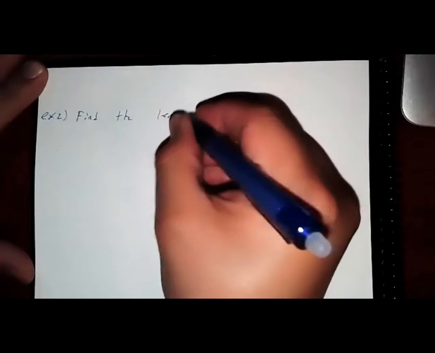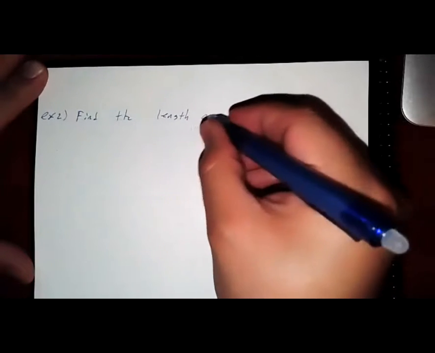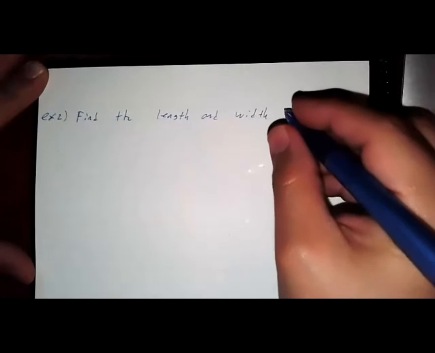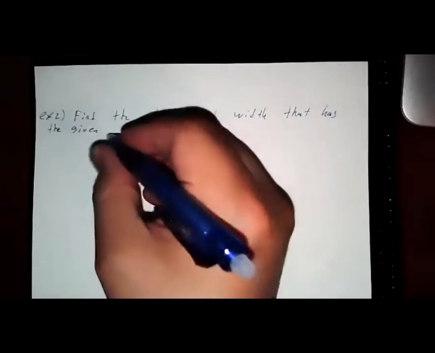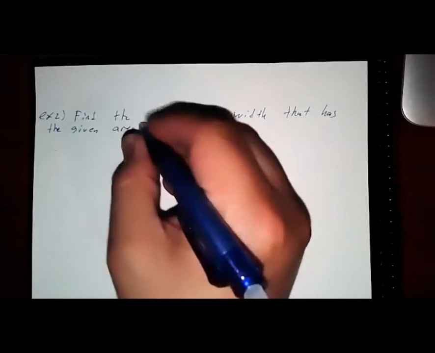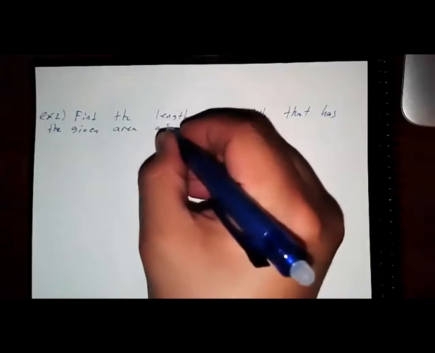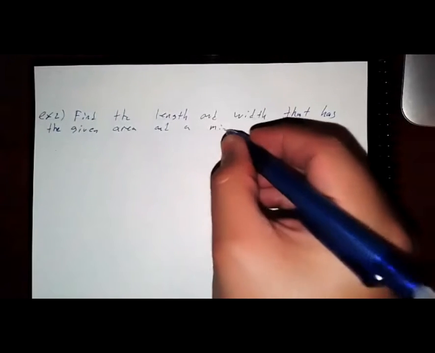All right, so this one says example 2. Find the length and width that has the given area and a minimum perimeter.